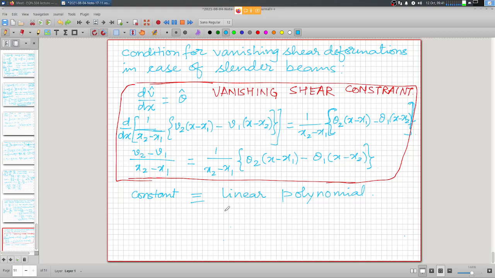Right? And this can only hold when the coefficient of the linear term vanishes. So when this coefficient of the linear term vanishes, and those coefficients are essentially the section rotations at the two end points.